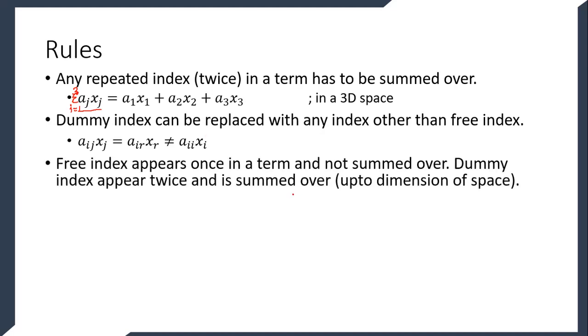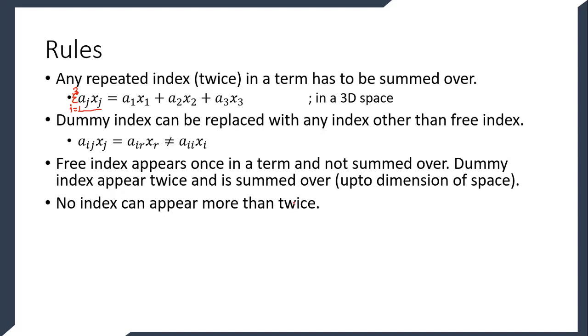A free index is the index in the term which is not summed over. It appears only once, while a dummy index appears twice and has to be summed over up to the dimensionality of the space. No index can appear more than twice.